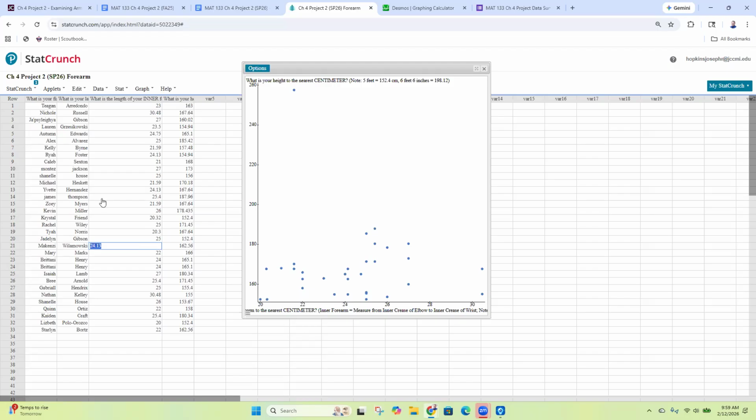Other weird things: we have two Brittanys. Brittany Henry entered her data twice here, which again, don't be embarrassed. I'm not trying to call anyone out. You're not the only one. It looks like Chanel entered her data twice, and actually she changed height between the first and second one.